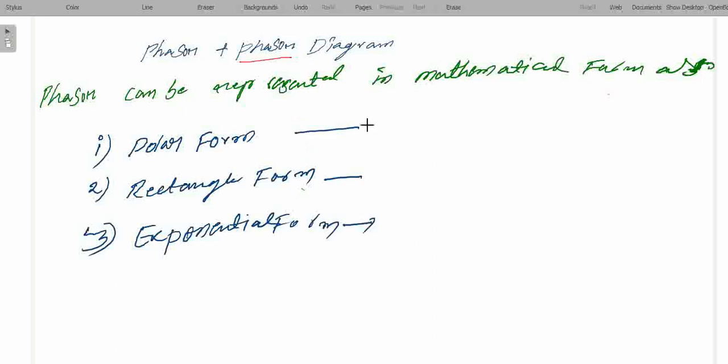So what is the polar form? How is it represented? In polar form, it is represented like R with an angle, or Vm with an angle phi or theta, or Im with an angle.